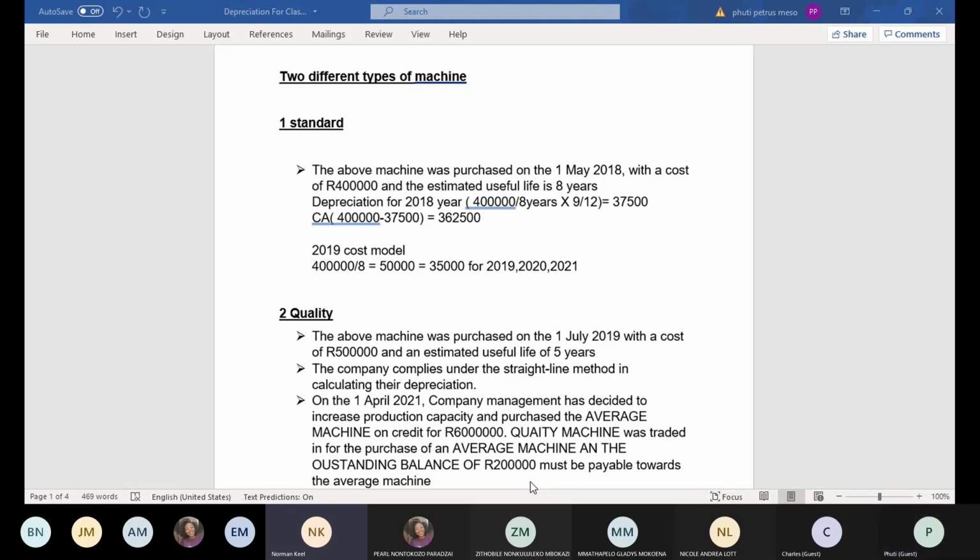There was a disposal that occurred in April of a particular machine, and then there was the trade in and all that sort of calculation work that we did. But my question about that is that our year end for that particular example was the 31st of December 2021. The disposal occurred in April 2021.